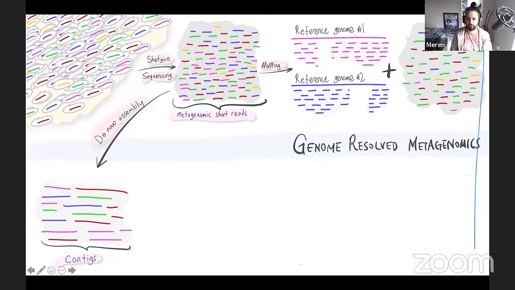But going back to this, we can also assemble these metagenomic short reads into contigs. The word contig essentially means contiguous DNA segment, and it gives us a better understanding of the genomic context that helps us do multiple things, including metagenomic binning.